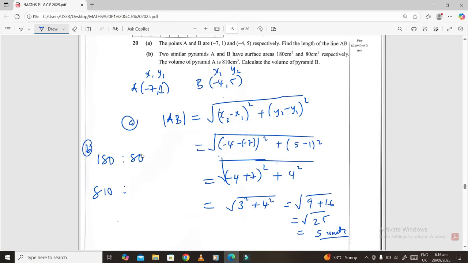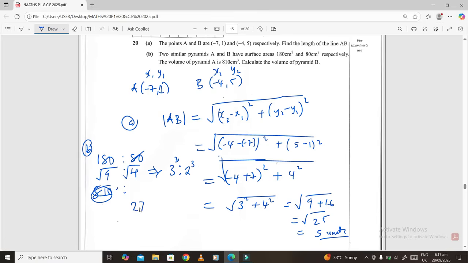We know that we can write this as 9 to 4, since 20 goes into 180 nine times and into 80 four times. Since it's area, we find the square root of both. So this will give us 3 to 2. Now, they've given us the volume, so we can now put power 3 here.